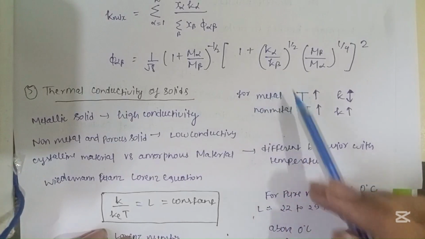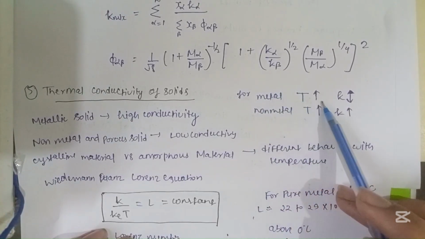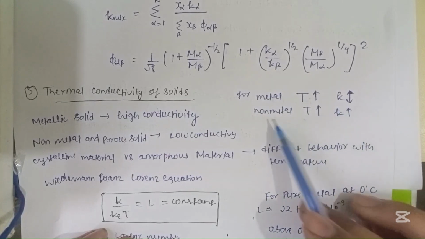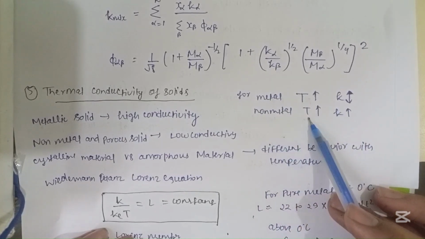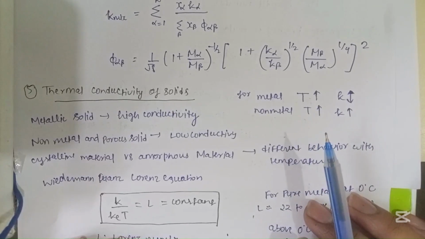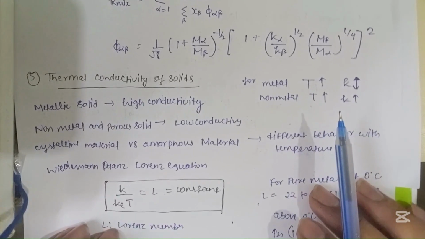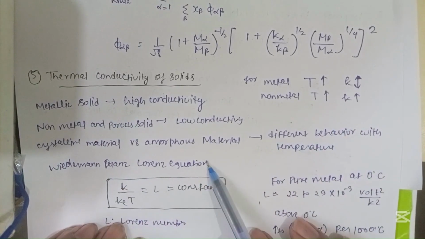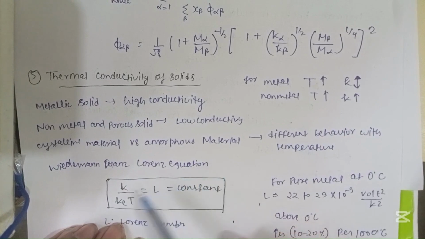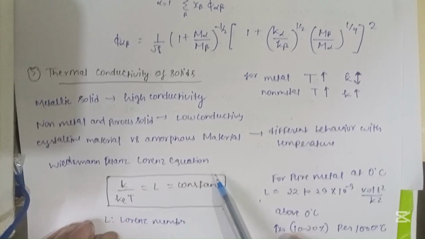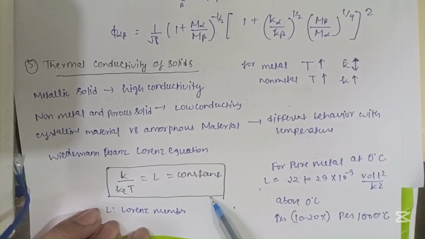For metals, with the rise of temperature, the thermal conductivity of the material decreases. For non-metals, on increasing the temperature, thermal conductivity also increases. For the estimation of thermal conductivity of solids, we have one equation called the Wiedemann-Franz-Lorenz equation, which is K upon Ke into T equals L, a constant, where L is the Lorenz number.